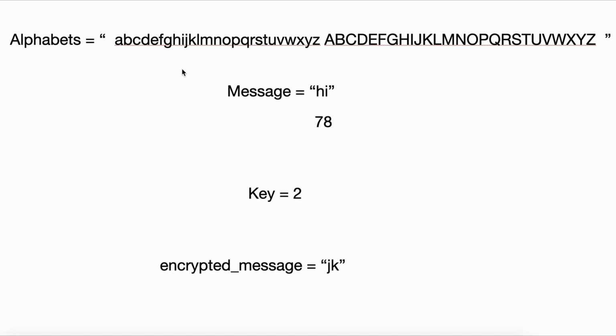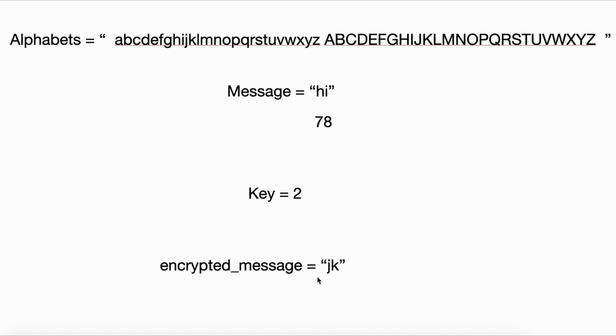So I'll pick J and K from this string and add them to a variable called encrypted message. So this is the encrypted message. I have used the key, added the key to the index of the original message, then with the new index I am picking the characters from the string alphabets and adding them to another variable called encrypted message.